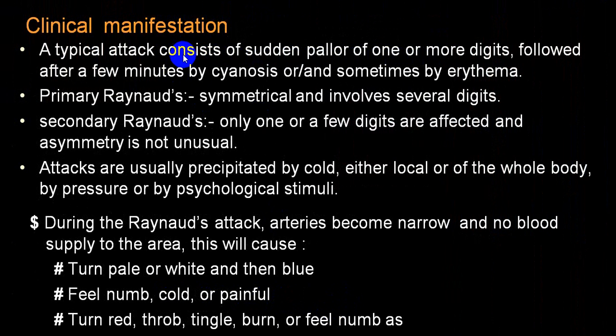So we have already told you that the attack will consist of pallor followed by cyanosis and followed by erythema. In primary Raynaud's, it is symmetrical and it involves multiple digits. In secondary Raynaud's, it may affect one or two fingers or a few digits, and very frequently it is asymmetrical.